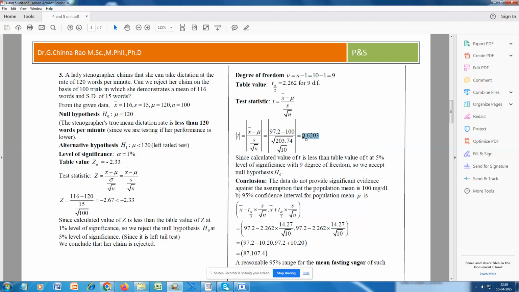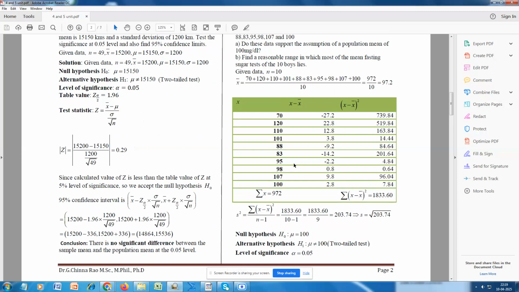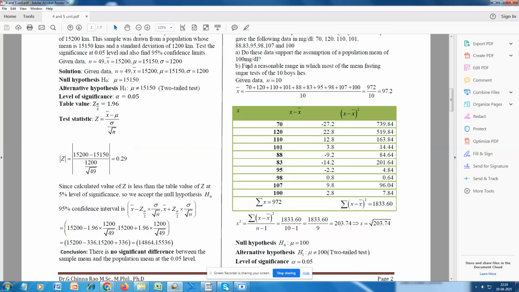So this calculated value is less than table value at 9 degrees of freedom. So we accept null hypothesis H naught. And also we want to find confidence interval.